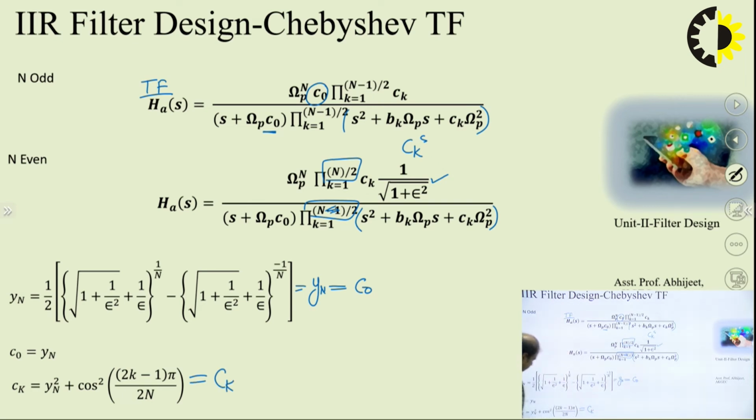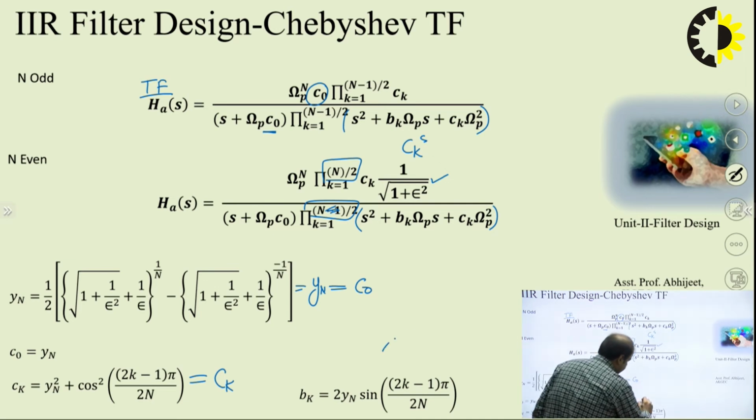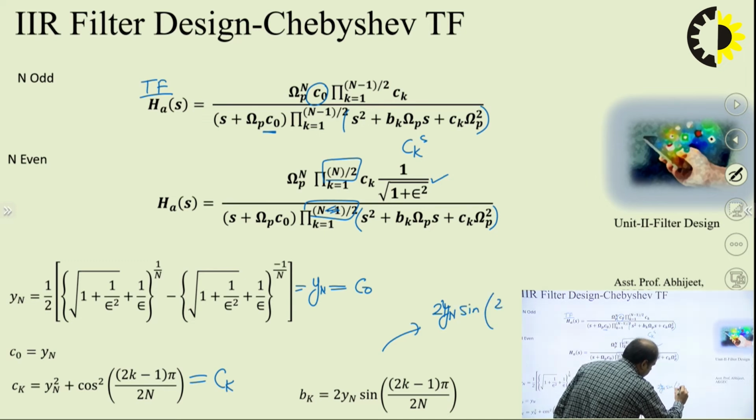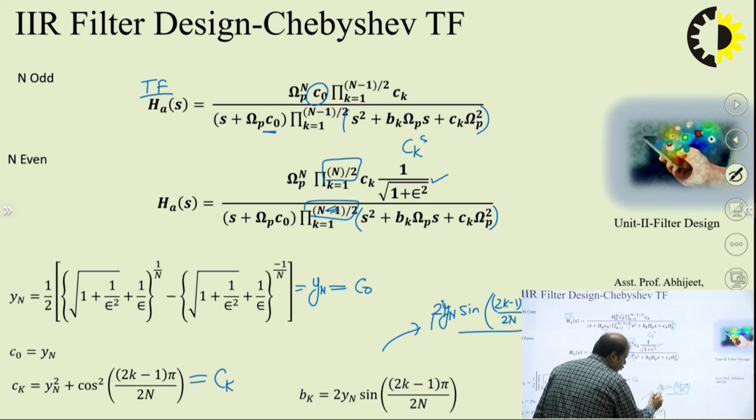So C0 is equal to yn, and ck will be evaluated as yn square plus cos square of (2k minus 1) pi by 2n, and finally bk will be 2 times yn sine of (2k minus 1) pi by 2n. So you can see the similarity. The sine portion is still there, the 2 portion is still there.